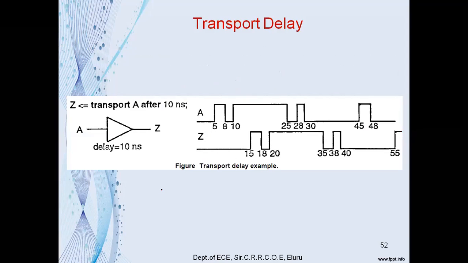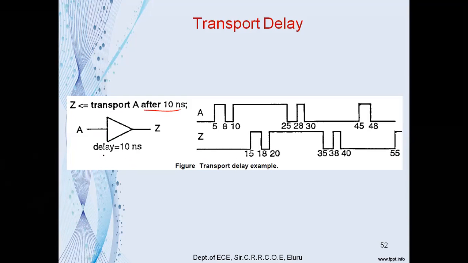So here you can see an example here. So in the previous one, the inertial delay, where if you see here, Z is assigned inertial A after 10 nanoseconds. But now if you see here, Z is assigned transport A after 10 nanoseconds.